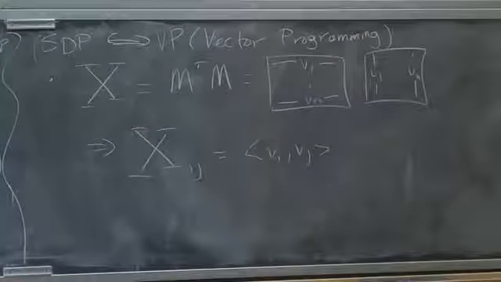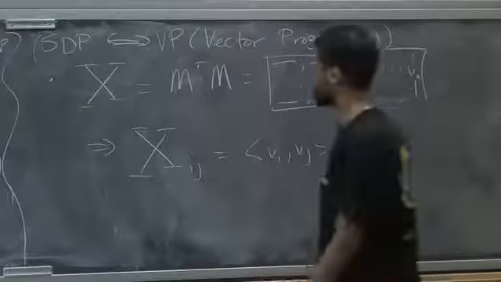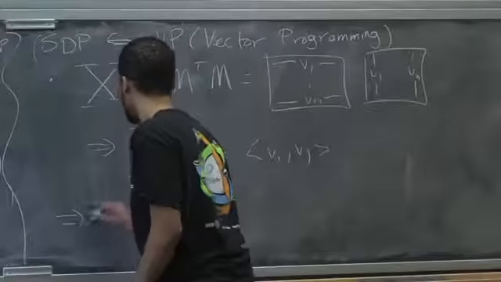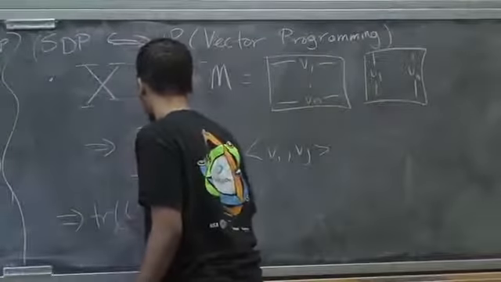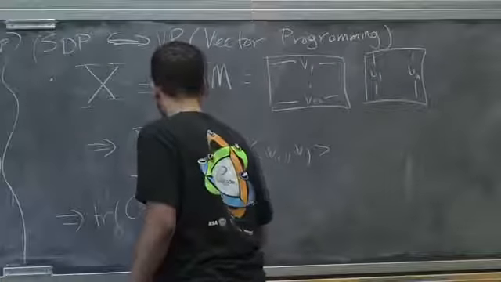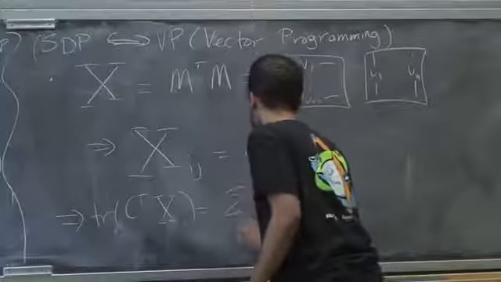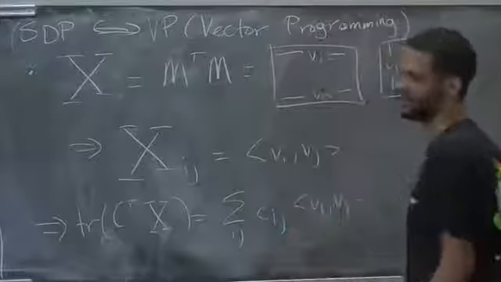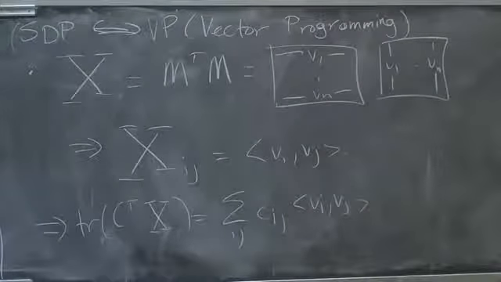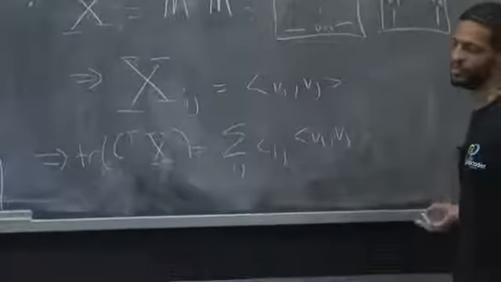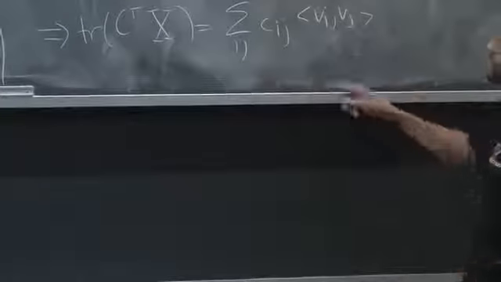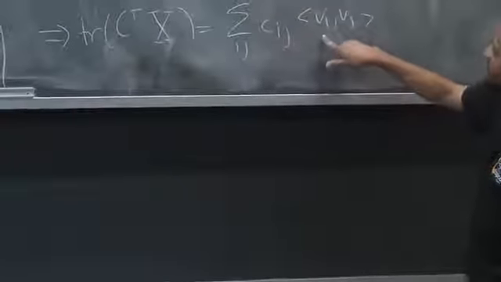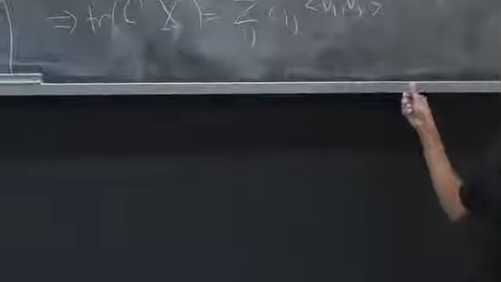Okay, so this implies, for example, the trace of C transpose X is just the sum over all ij of C_ij v_i dot v_j. And similarly for the other constraints that you have, you can write them as a sum of A_ij times v_i dot v_j.